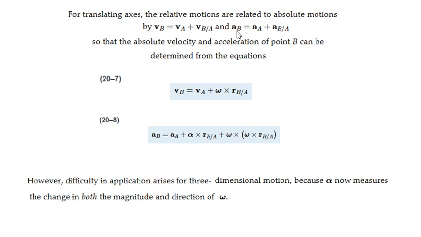Why? Because point B is moving with point A, because they're situated inside the same body, and the entire body is moving in rotation and also in translation. So that's what we're writing here.